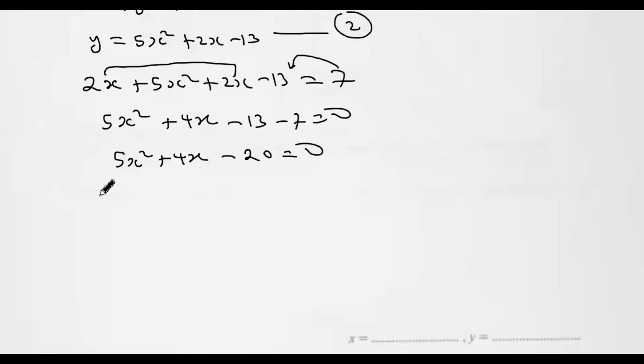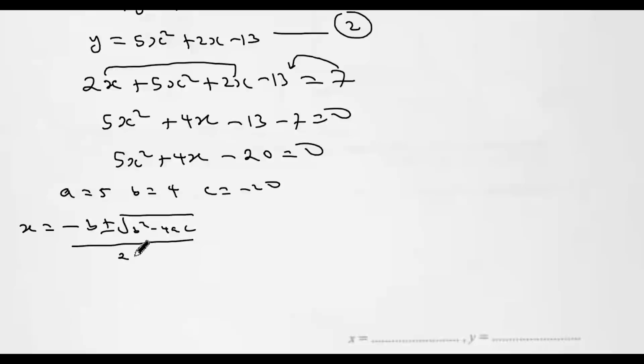So using quadratic formula, we have a equals 5, b equals 4, and c equals negative 20. Then here you're going to have x equals minus b plus or minus square root of b squared minus 4ac, everything over 2a.